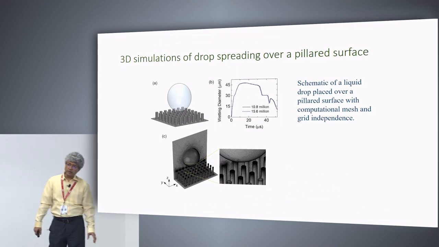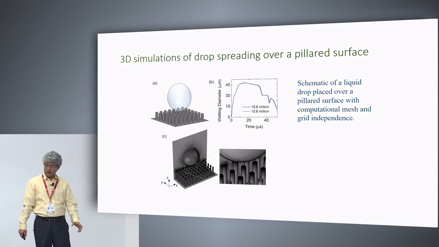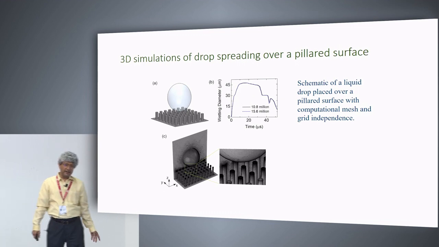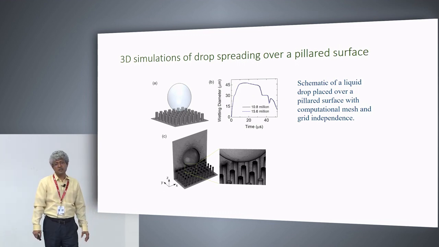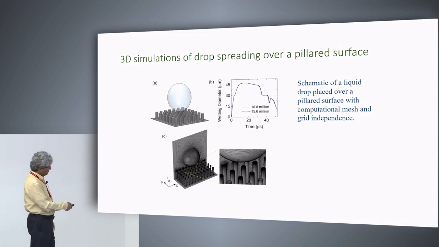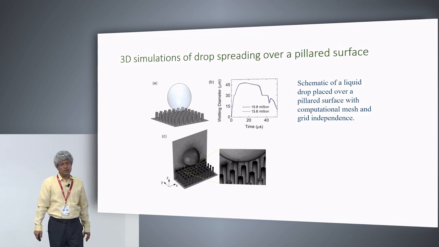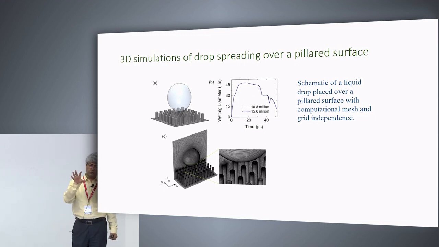So our present work extends both experiments and simulations of drop spreading as well as coalescence as well as impact on pillared surfaces. So naturally, it's a 3D simulation now, though our imaging is also one view imaging.